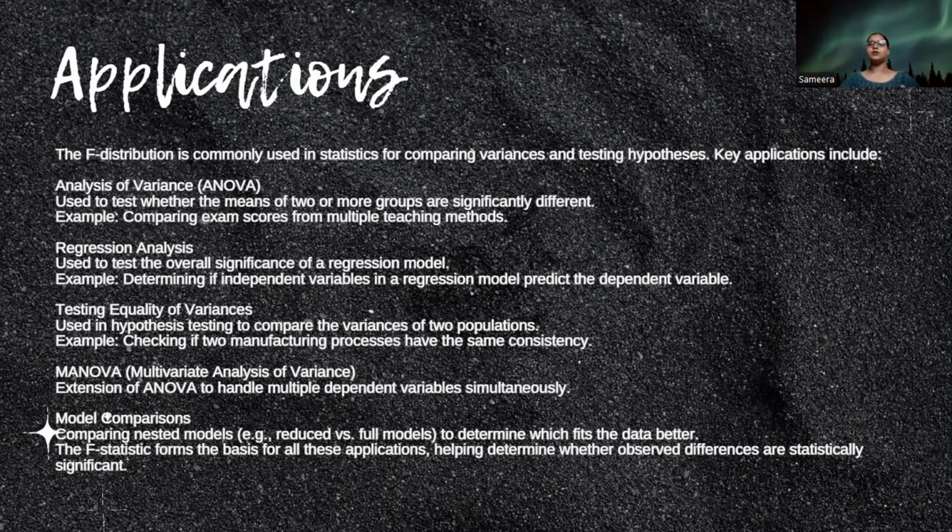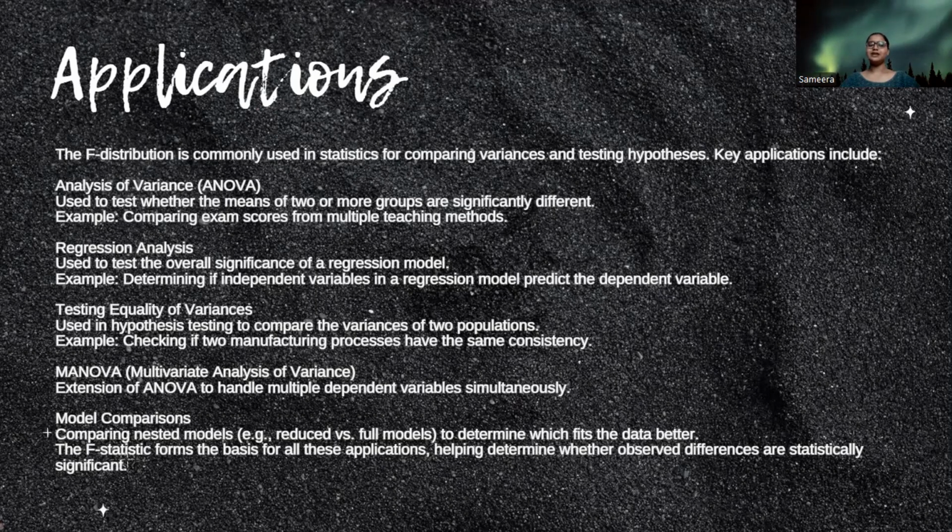Then we have testing equality of variances, which is used in hypothesis testing to compare the variation of 2 populations. An example is checking if 2 manufacturing processes have the same consistency. Then we have MANOVA, which stands for Multivariate Analysis of Variance, an extension of ANOVA to handle multiple dependent variables simultaneously.